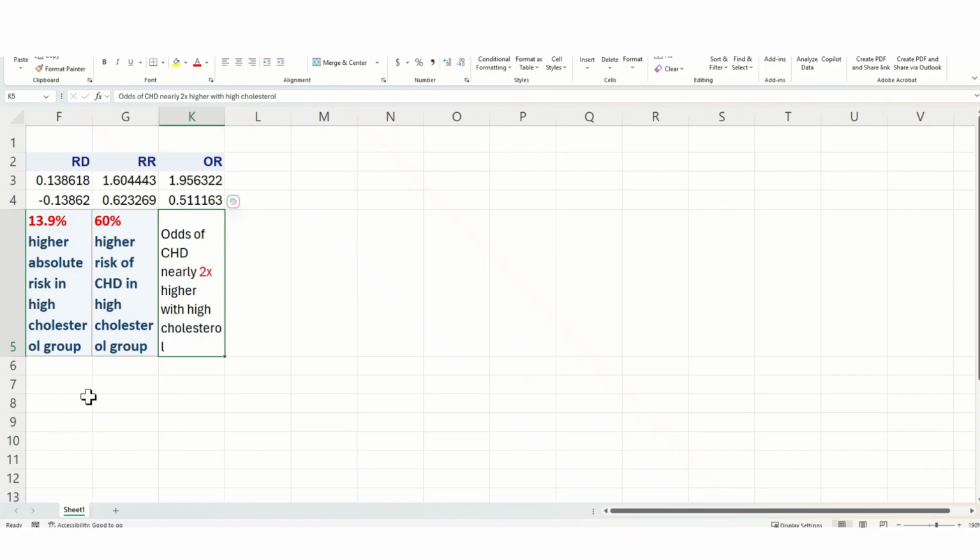I know it confuses many people, but even when we are reading our scientific papers, sometimes it is confusing, and when it is provided in newspapers with such different values, that is 13.9%, 60%, or 95%, which one of them is more reliable?